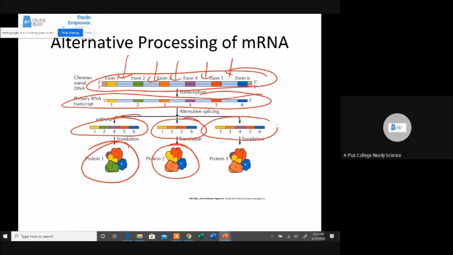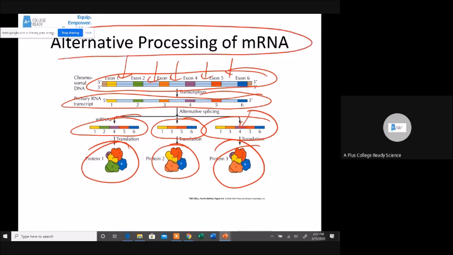Here, notice that we kept exon 4, but exon 2 is removed. That gives us a completely different protein. So this whole idea of one gene can code for multiple proteins depending on how it's processed. By controlling the way it's processed, that's another way to control how genes are expressed.